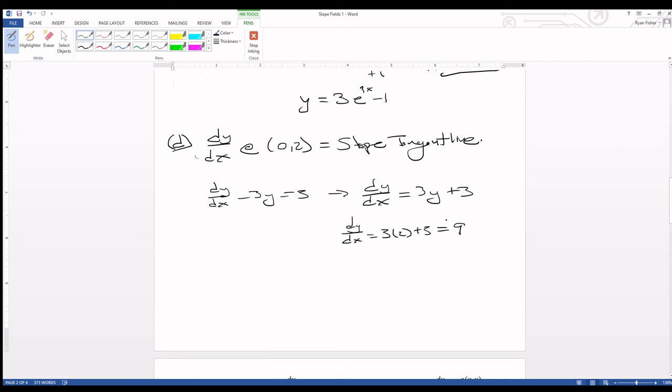So the slope of my tangent line is 9. It passes through the point (0, 2), so in point-slope form, my line would be y minus 2 is equal to the slope times x minus 0. Or in slope-intercept form, y is equal to 9x plus 2.